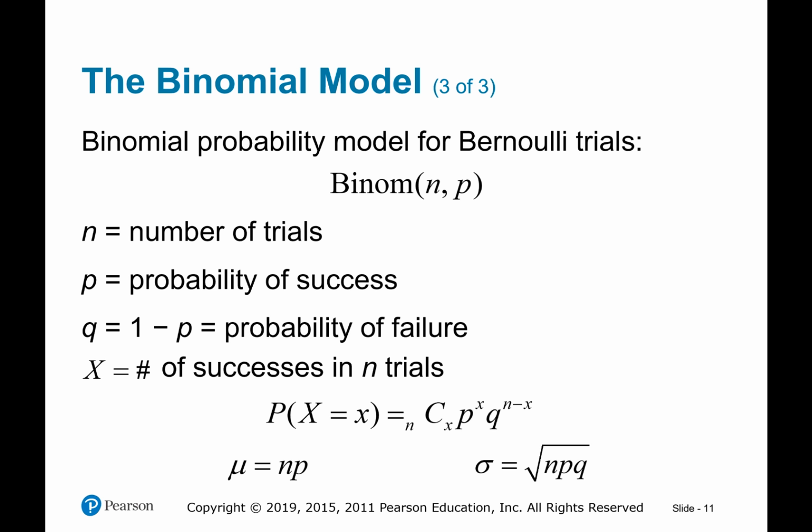The mean is really simple here. All we've got to do is take the number of trials and multiply it by p, the probability of success. That's going to be our value for mu. And our standard deviation, well, this is interesting. It's the square root of the product of 3 values: n times p times q.